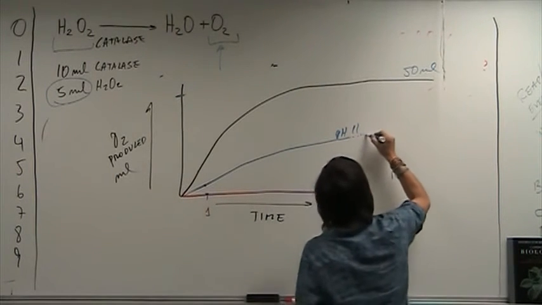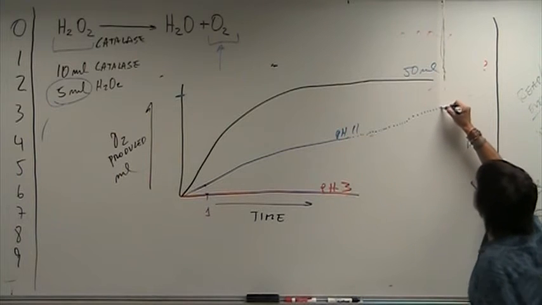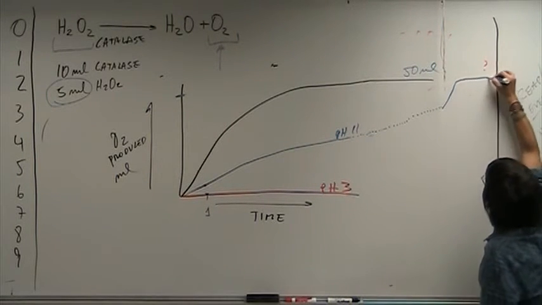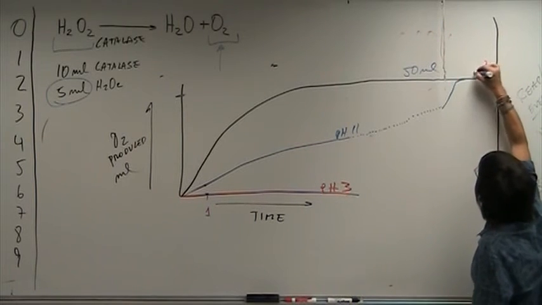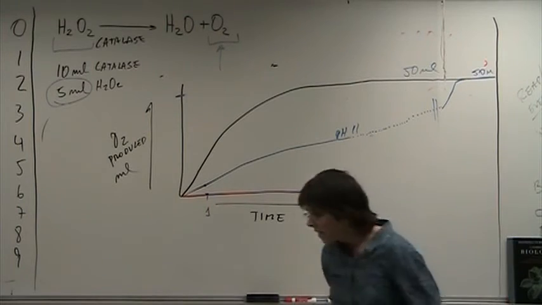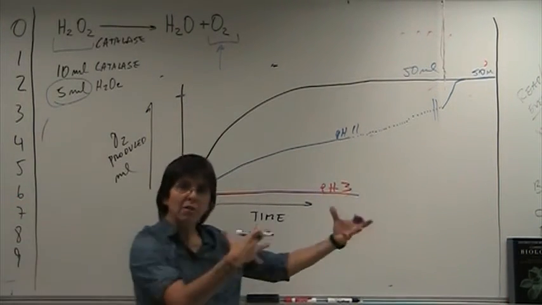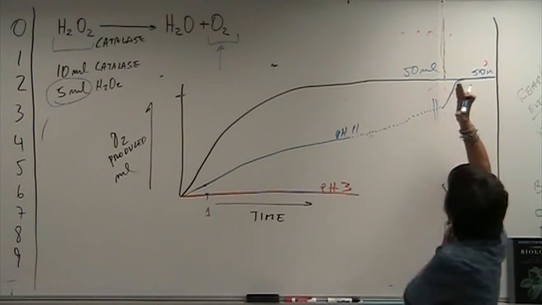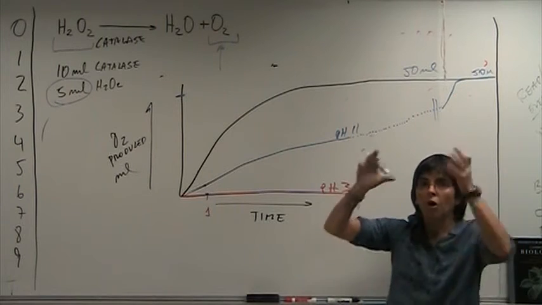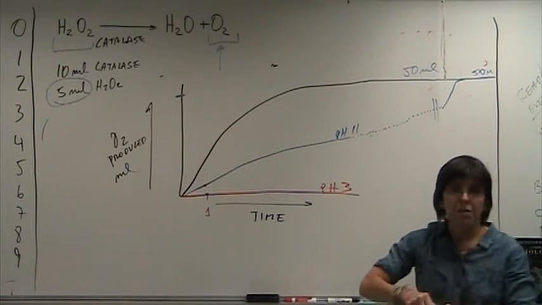It keeps on going, very slow increasing, very slow increasing, very slow increasing, until, I'm going to just jump, it reaches the 50 mLs here. At the end, every single one of these reactions, if we would have allowed them enough time, would have reached the same amount of oxygen produced, because we started all with 5 mLs of hydrogen peroxide.